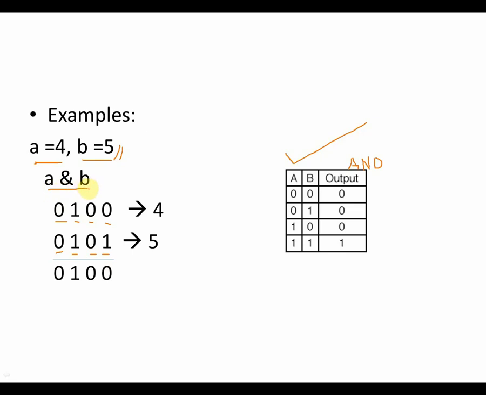Okay, so you have to perform the bitwise AND operation. So let's see how to perform it. First let's start with the rightmost. 0 and 1 is 0. 0 and 0 is 0. 1 and 1 is 1. 0 and 0 is 0. So finally we get 0, 1, 0, 0. So 0, 1, 0, 0 in decimal form is actually 4.